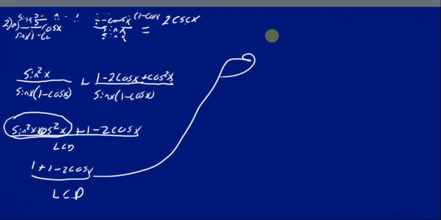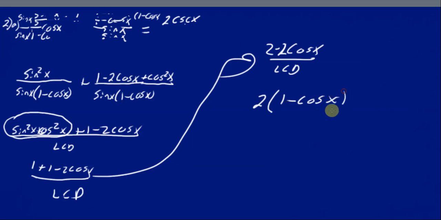Okay, 1 plus 1, of course, is 2, minus 2 cosine x, all over my LCD. And I'm going to factor out the common factor of a 2. That leaves 1 minus cosine x all over sine x times 1 minus cosine x.